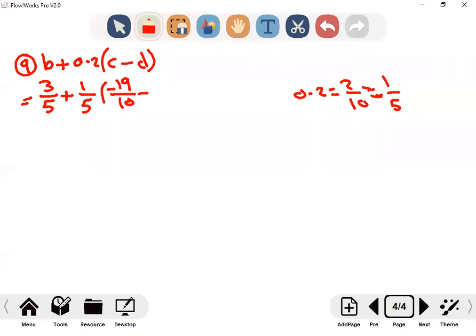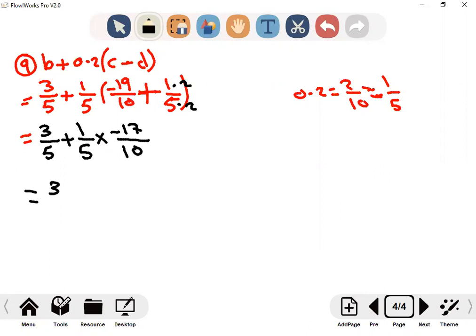We have a negative here and a negative for d, so two negatives, 1 over 5. What will these negatives become? Now the 5 can be 10. First we need to do the parentheses. The 5 can be 10, here times 2, times 2. It will be 3 over 5 plus 1 over 5 multiply negative 19 plus 2.